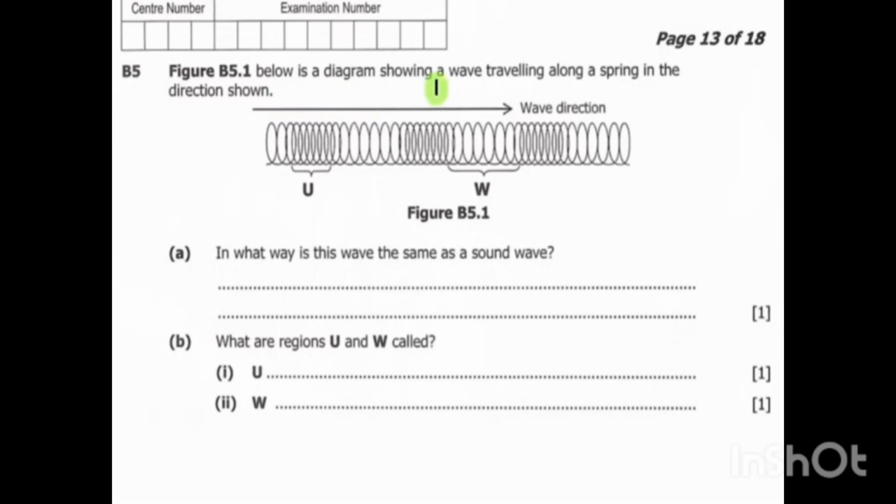So this is the wave. We can see this wave they've given us in the diagram, that spring, and we can also see the arrow they are using to represent the direction of the wave.